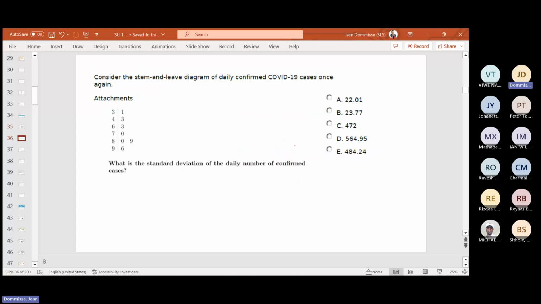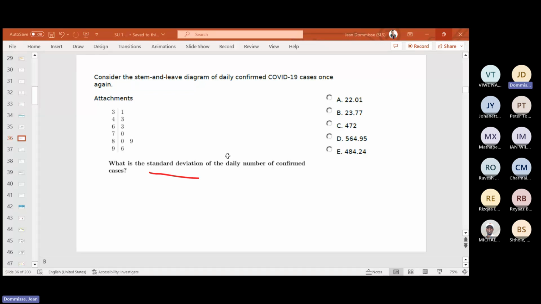Okay, so we're getting the same data, but now they ask us to work out standard deviation. Okay, this I am definitely not going to work out on a calculator or anything like that. My preference is Excel.